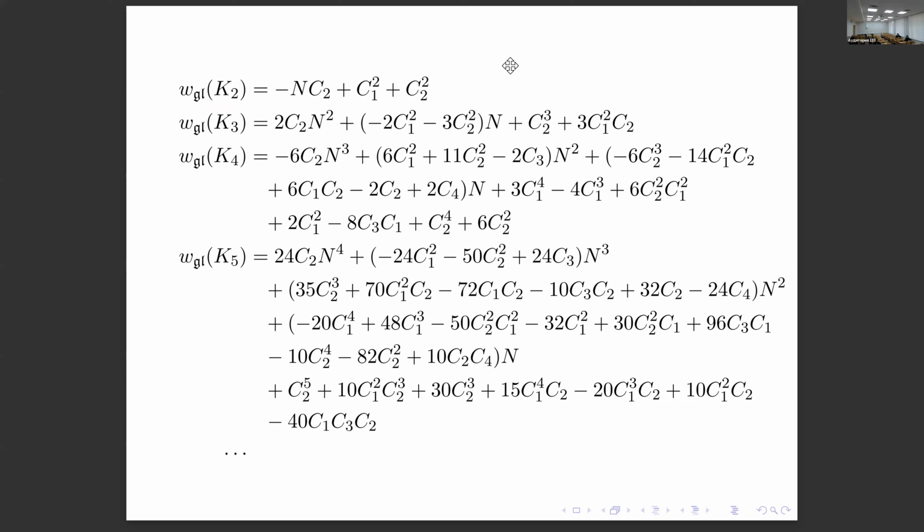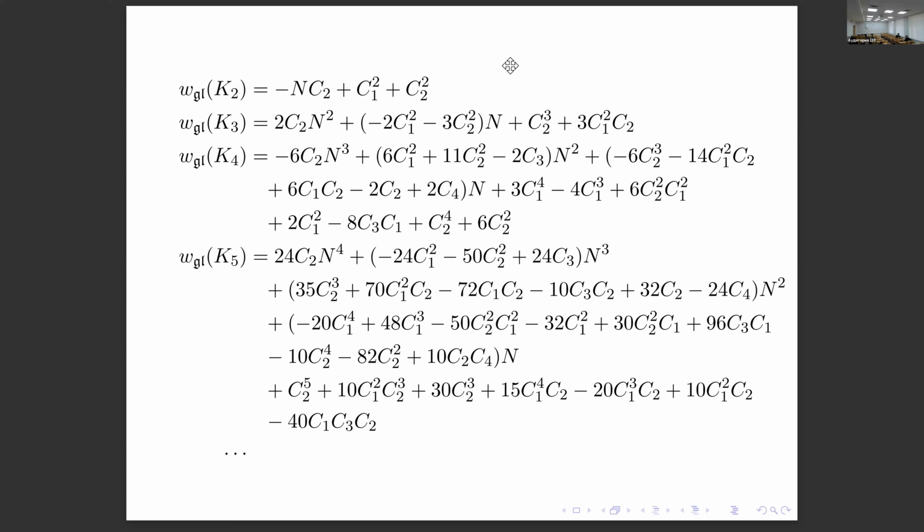Already in this answer, one can see some important properties of the results. For example, for K5, you have a polynomial in C1, C2, and so on, but the highest index of C which arises is C4. There are no C5 or larger.